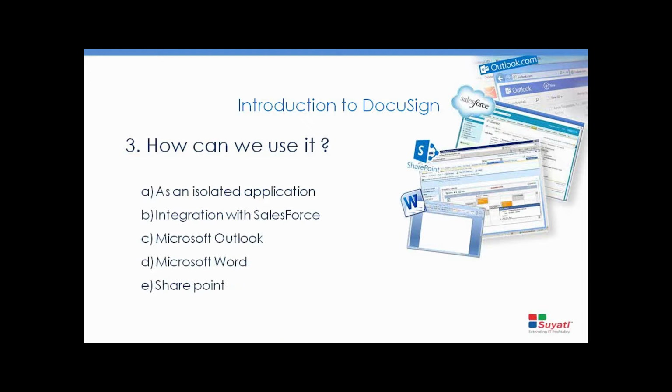This is one option which we will be trying to explore in our further presentation. It also provides integration with various applications like Outlook, Word, SharePoint, and even Microsoft Dynamics. And there are many other products which are listed on the DocuSign website. So this is a brief introduction of what DocuSign is.